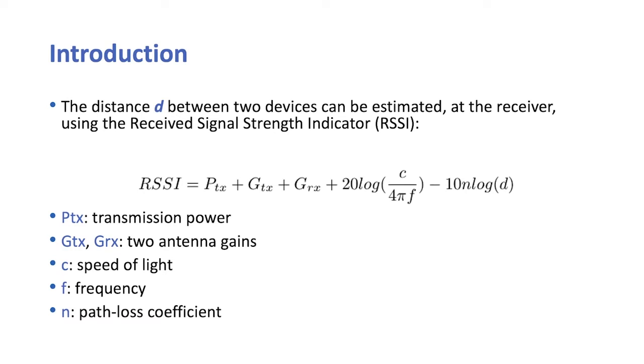In this relationship, PTX is the transmission power, GTX and GRX are the antenna gains at the receiver and the transmitter, C is the speed of light, F is the frequency, and n is the path loss coefficient. That is a coefficient that depends on the environment.